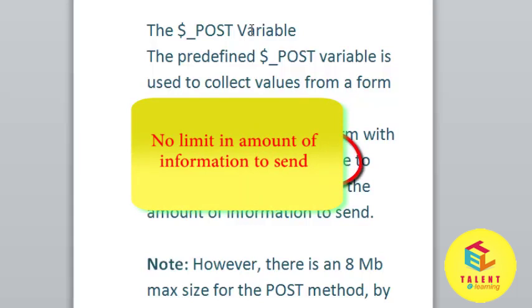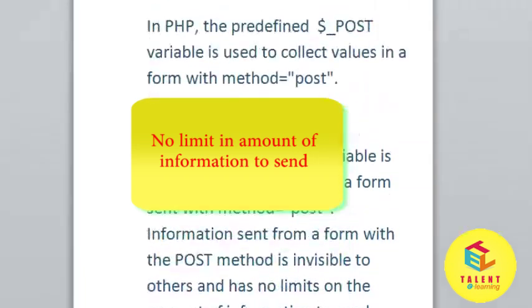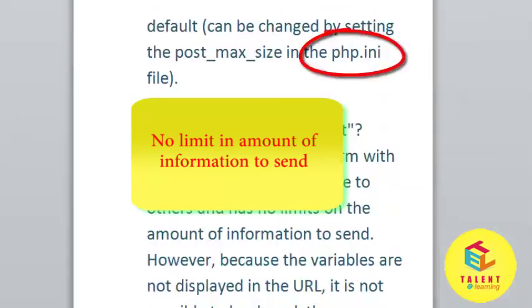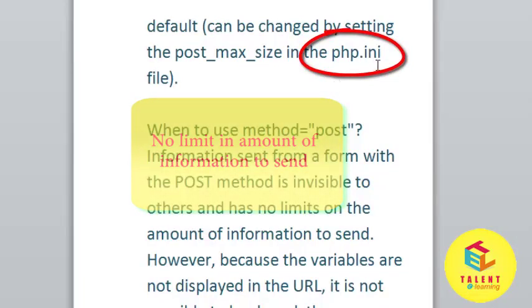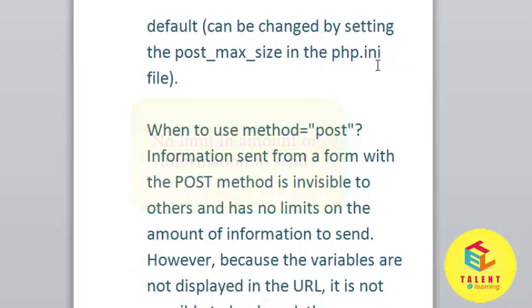This is the main difference between GET and POST method. And the POST method has no limits on the amount of information to send. However, there is an 8 MB maximum size for the POST method by default, but you can change it in the php.ini file in your XAMPP.